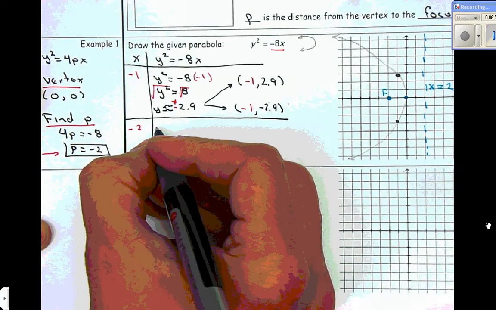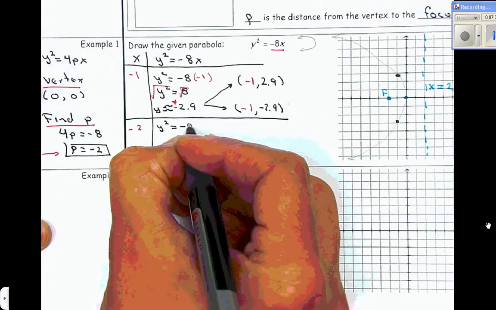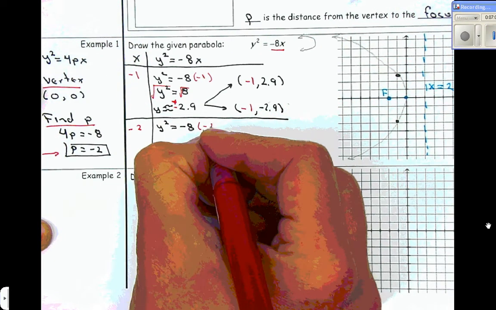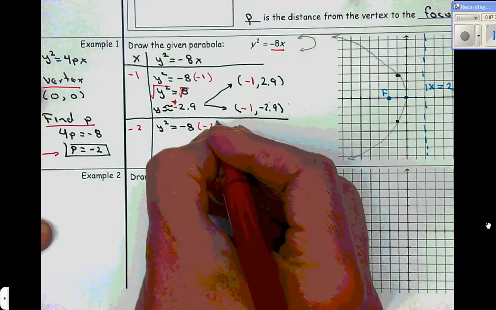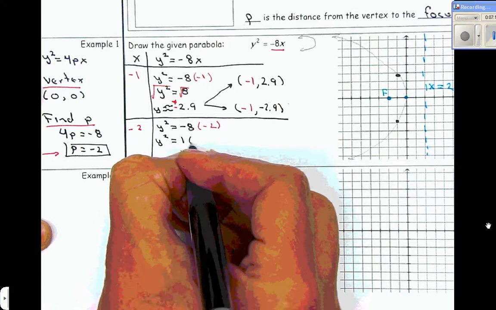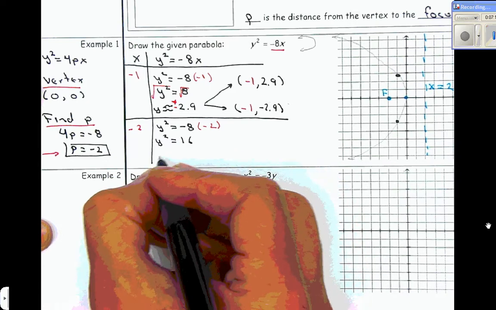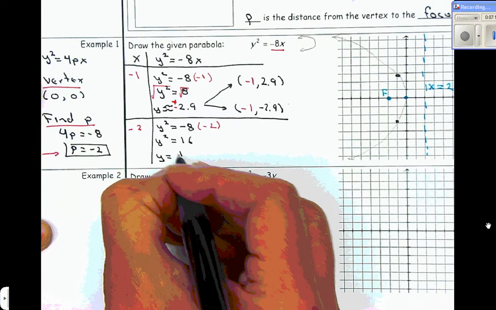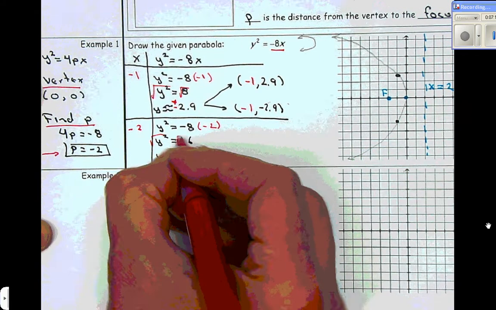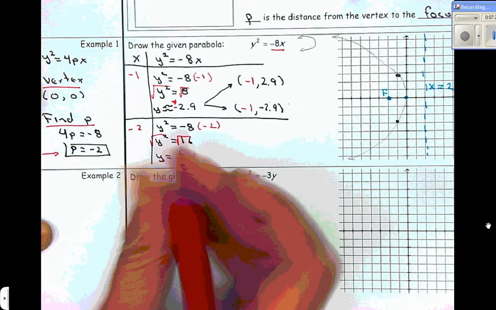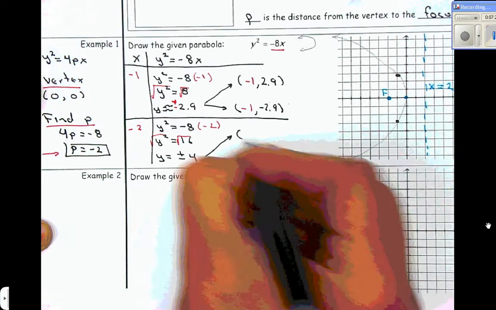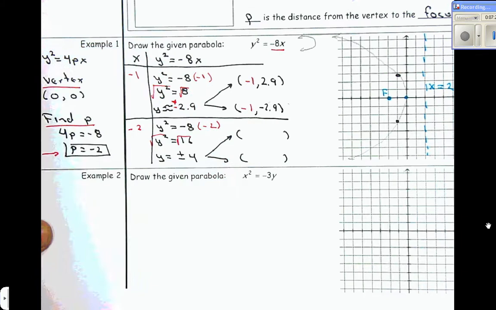That'll be y squared is equal to negative 8, and instead of the x it will be a negative 2. That'll give me y squared is equal to 16. That means y is equal to plus or minus 4. We take the square root on both sides, and every time you take the square root, you have a plus or minus. This will give us two additional points. Your x value is negative 2.